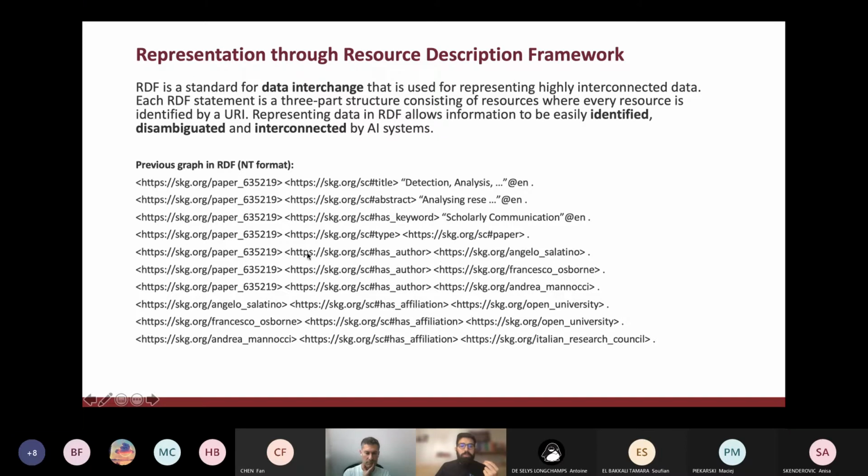But for example, when we have the information about myself as author, so this paper has got author, me, then the URI can be quite handy, because then there can be other papers within this knowledge graph that have got me as an author, so we can disambiguate using the same URI, URI Angelo Salatino.